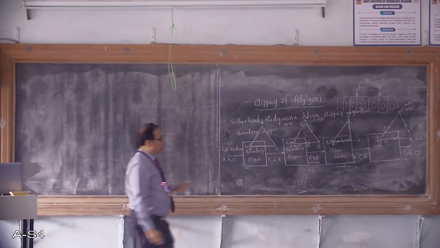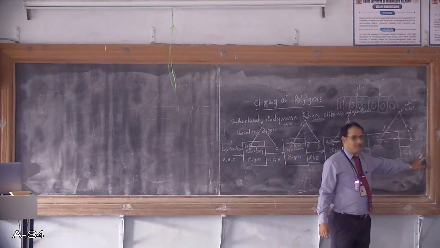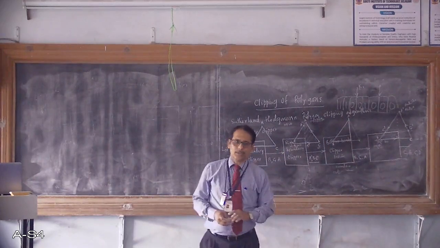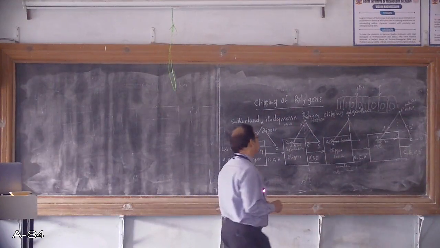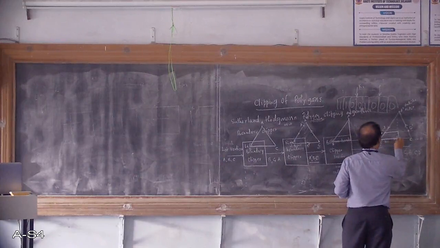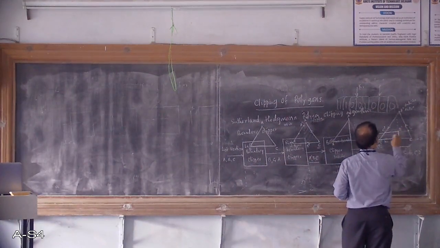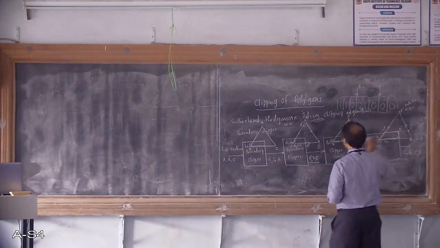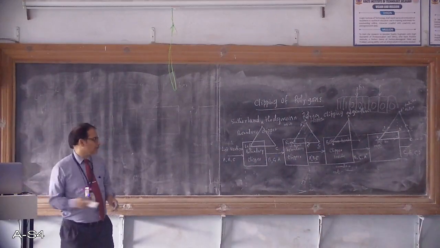Finally, whatever list of vertices we get at the end of the 4th boundary clipper, we have to render them to get the clipped triangle. So the clipped triangle is going to be obtained after rendering these 4 boundary clippers, and this is what we are going to get after the 4th boundary clipper.